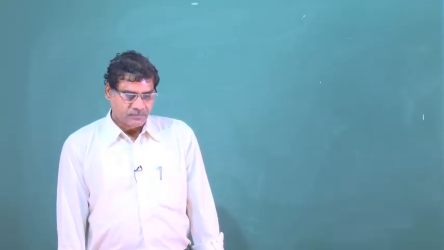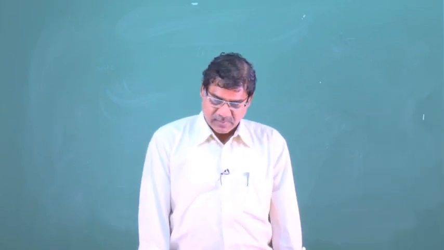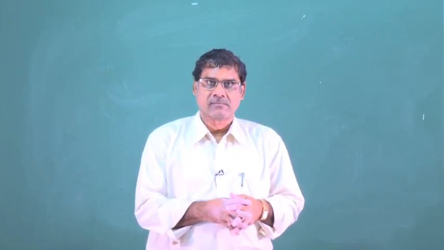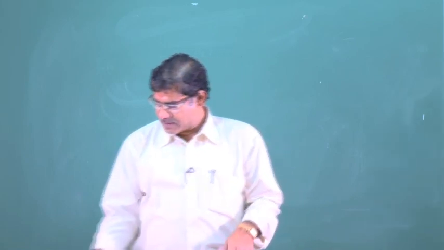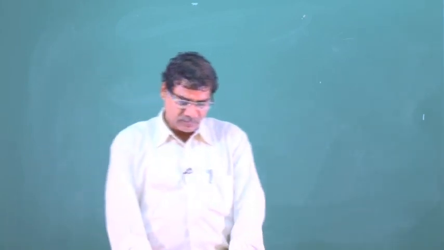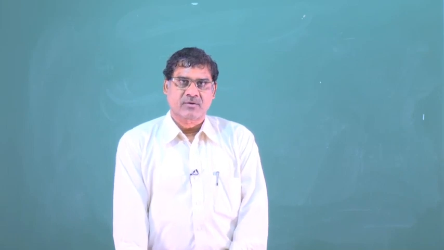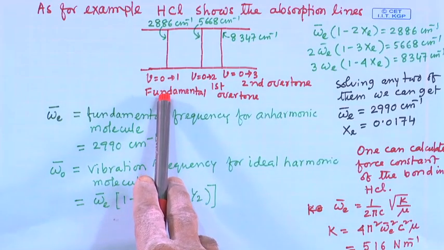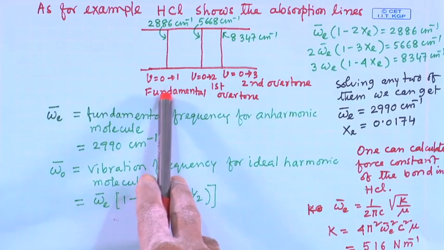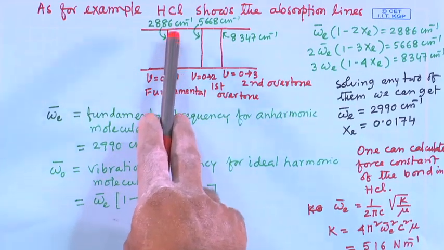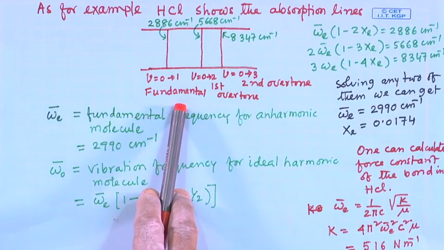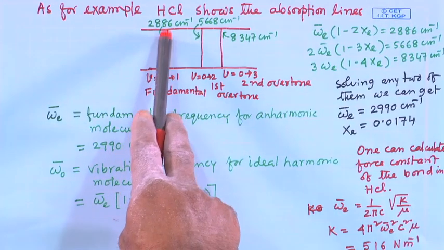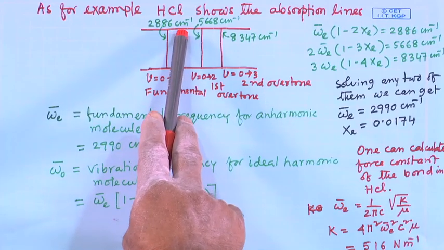So, I was discussing the absorption lines of HCl. Experimentally, it is measured in an infrared spectrometer that the frequency of the fundamental line or band is 2886 centimeter inverse.